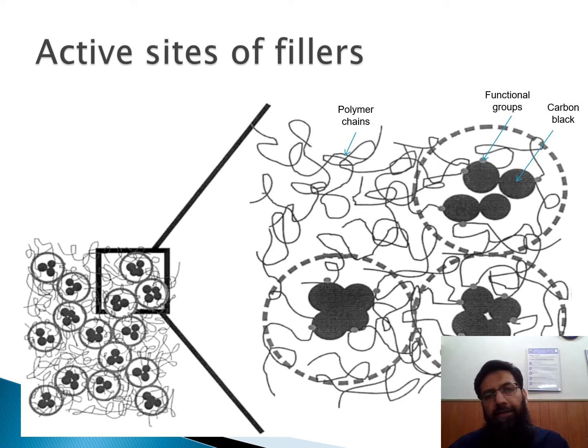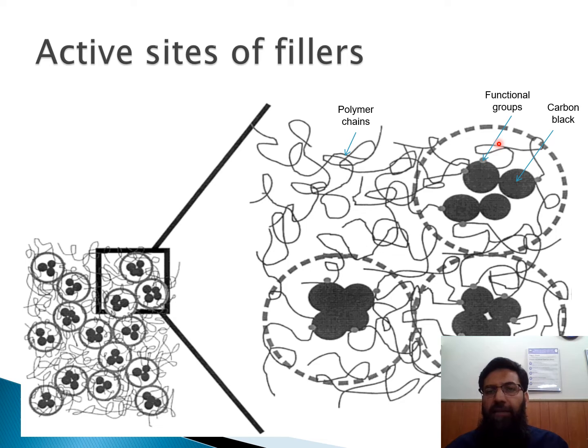When carbon black is mixed with the different polymer chains, the presence of these functional groups or active sites lets them interact with the chains of the polymers, and we have a better interaction between the filler and the polymer. So it would give you better mechanical properties by the reinforcement mechanism of filler and polymer.